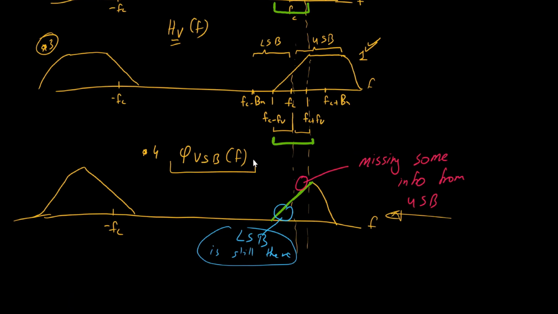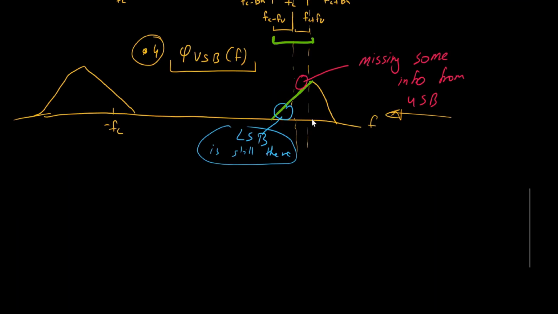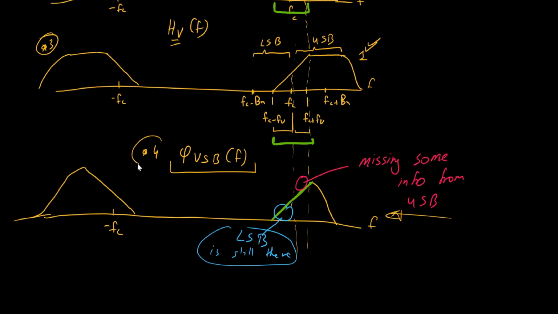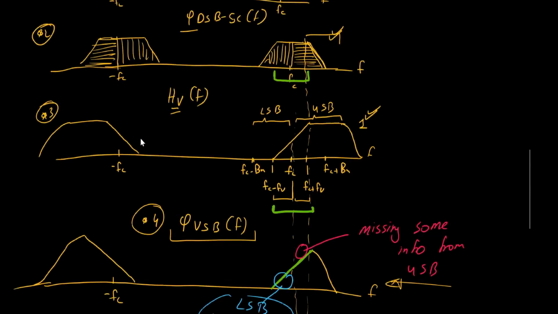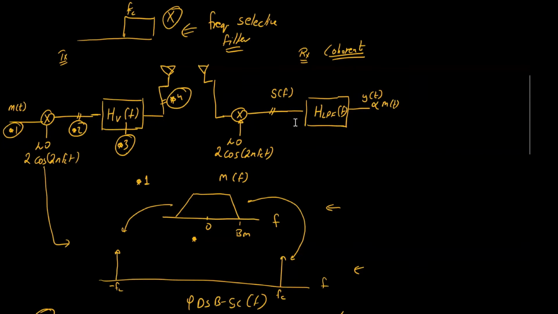And this is the one that we are actually transmitting. Mind you that this is now FC, this is FC plus B, and this is what we have referred to as FC plus FV, and this is FC minus FV. And this is referred to as stage 4 in the block diagram.